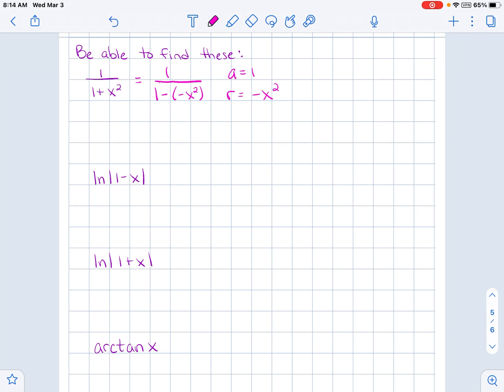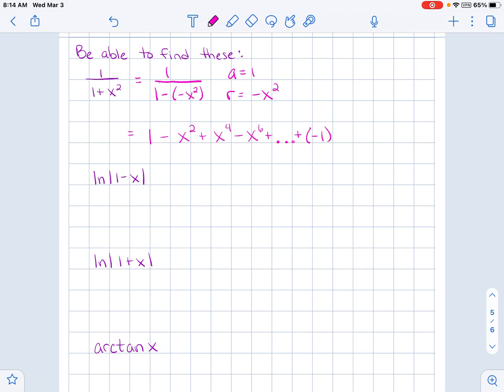So the polynomial for 1 over 1 plus x squared is the first term, multiplied by r, so that's negative x squared, multiplied by r again, it's x to the fourth, multiplied by r again. And I want you to write the general term for these. So if you didn't do that already, pause again and go write the general term and write this to infinity.